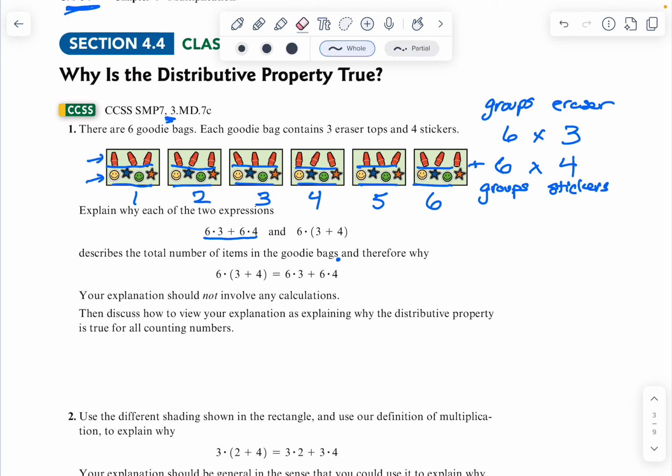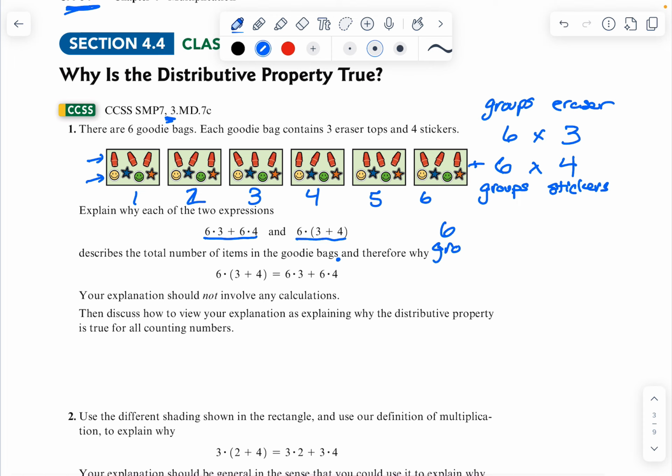But how do I think of this as not just 6 times 3 plus 6 times 4, but as 6 times 3 plus 4? So if I still think about the goodie bags, I have 6 groups, right? But if I look at everything inside one of those goodie bags, I have 1, 2, 3, 4, 5, 6, 7 goodies.